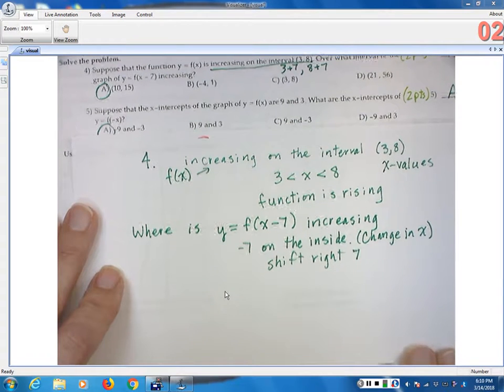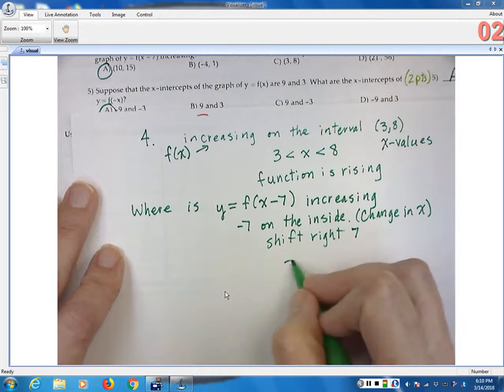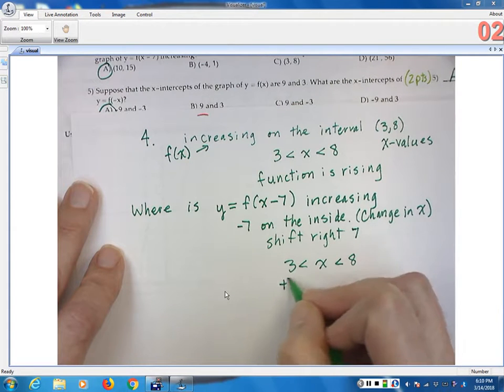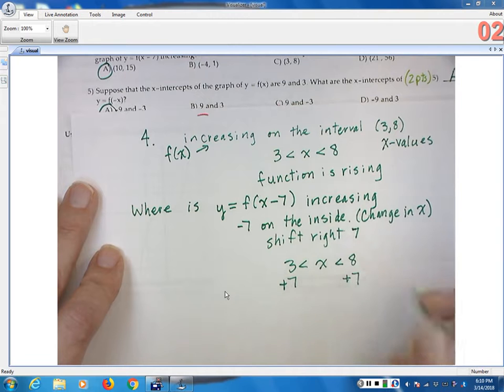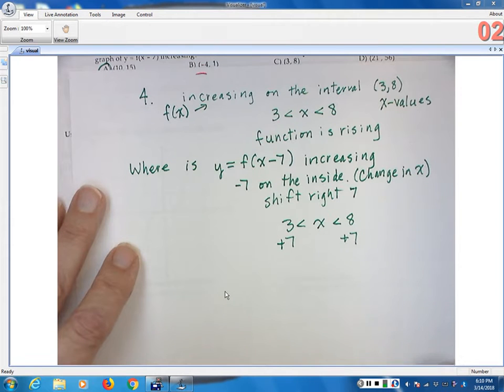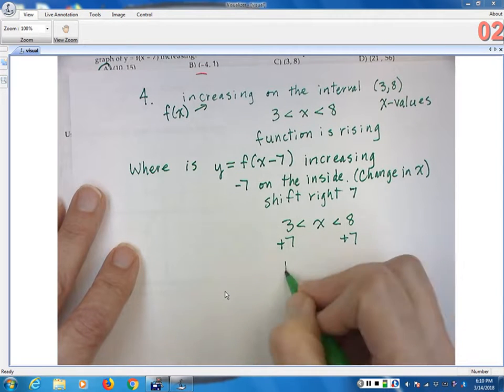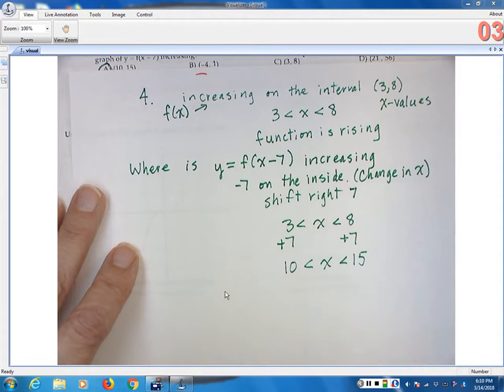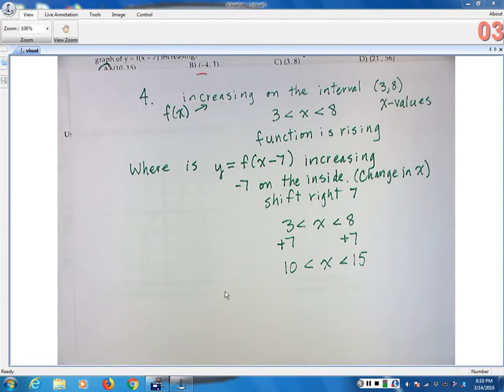So you have to take these values and just add 7 to them. And 15. Now, if that's not your version, you guys just had different numbers, some of you. This was just one of the versions. Okay, so that's how you do that.